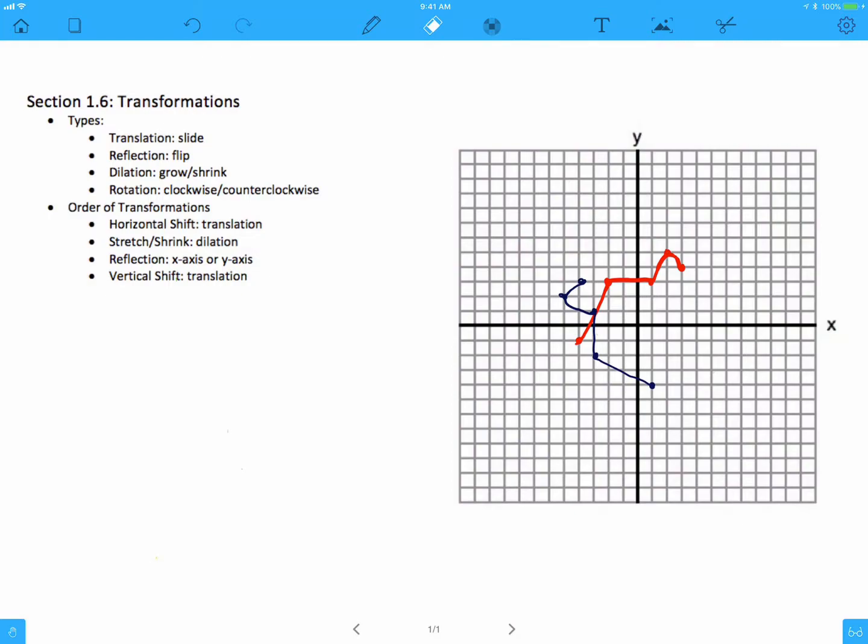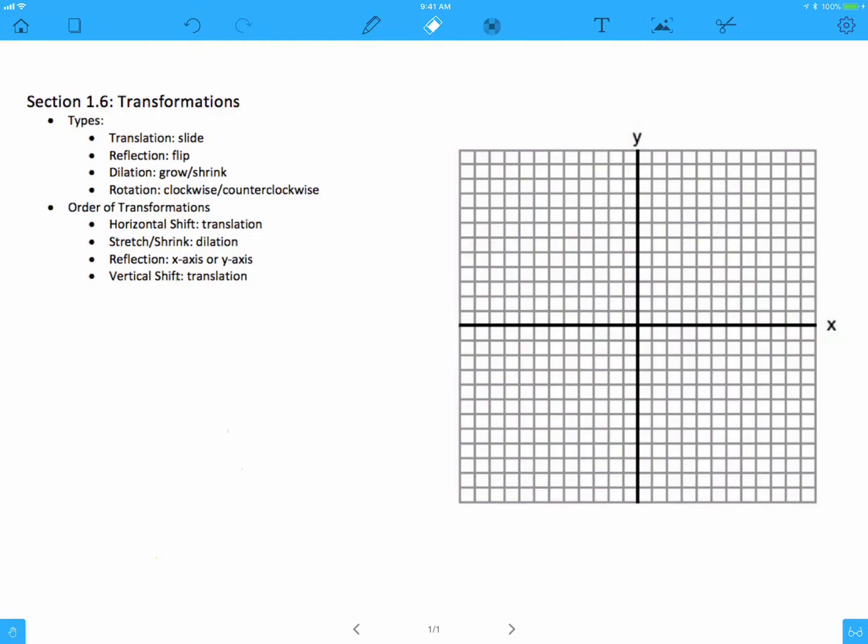Then you would shrink and dilate this thing either vertically or horizontally. Then you do some type of reflection, either y-axis or x-axis. Then you do vertical shifting last. That's the order that most colleges and math classes always follow. That way everyone gets the same graph and everything looks correct.